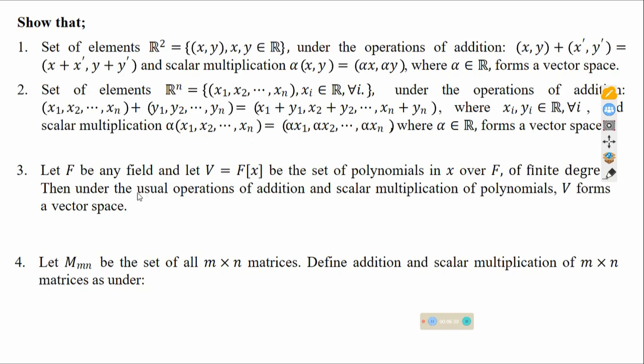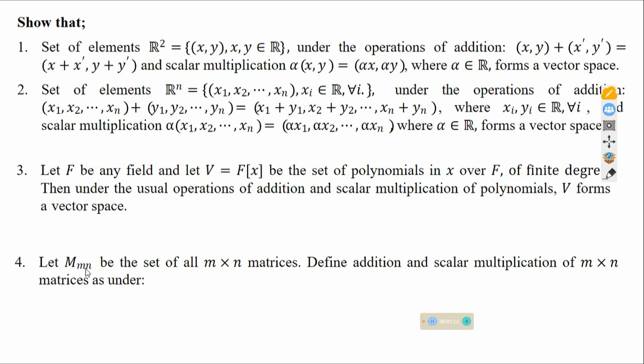This one we have looked at. You should also be able to show that the set of polynomials in x over F of finite degree forms a vector space under the operations of addition and scalar multiplication. We talked about this space, so you should know how to define the operations of addition and scalar multiplication.